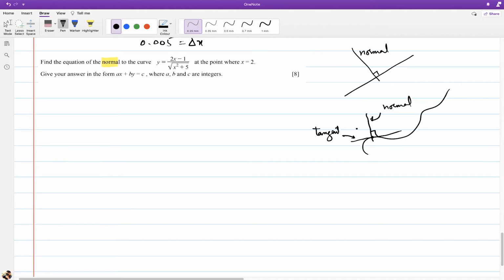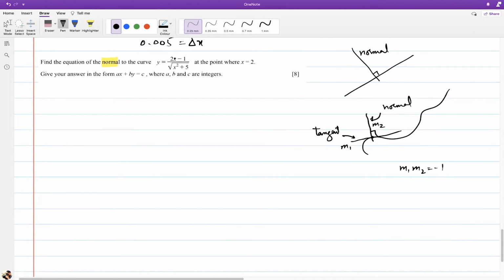So tangent has the same gradient as a curve, which means कि dy by dx is same as the gradient of tangent. और normal is perpendicular, which means normal और tangent का आपस में क्या रिलेशन है कि अगर मैं m1 लूँ और इसको m2 लूँ तो मैं कह सकता हूँ कि m1 m2 equals -1, क्योंकि वो एक दूसरे के perpendicular नेगेटिव रेसिप्रोकल्स हैं.